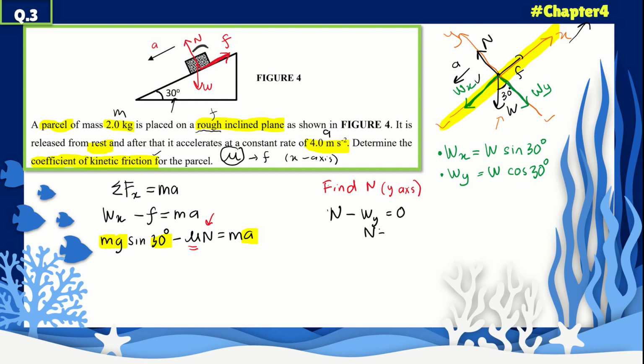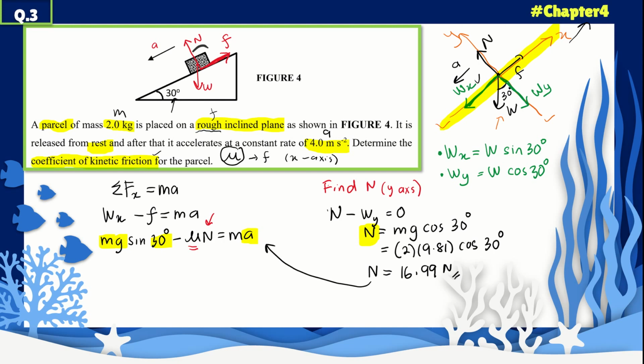So n is equal to Wy is equal to mg cos 30. We substitute the values, so we have 9.81 cos 30 and your n will be 16.66 Newton.